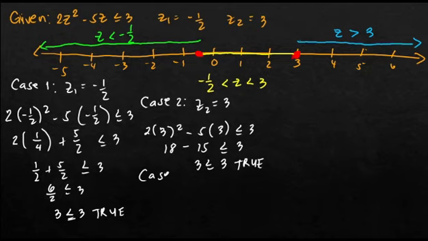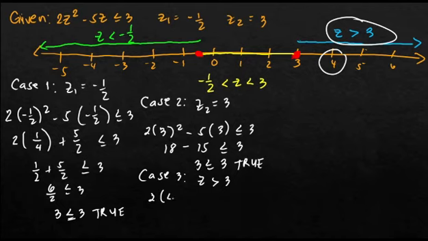Next, case 3, we're going to use the solution set from here. z greater than 3. So, sakop niya naman, kunin na lang natin yung 4, pinakamaliit. So, we have 2 times 4 squared minus 5 times 4 less than or equal to 3. 4 times 4 is 16 times 2 is 32 minus 20 less than or equal to 3.